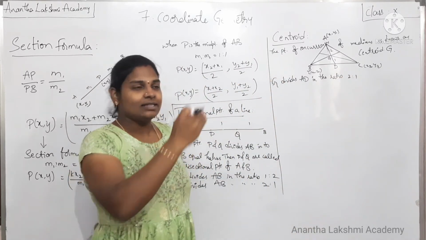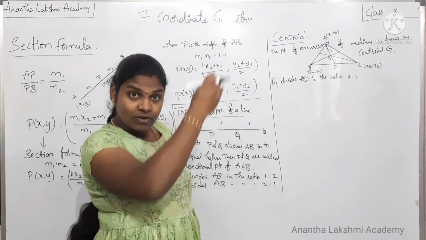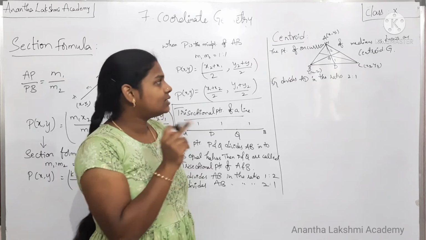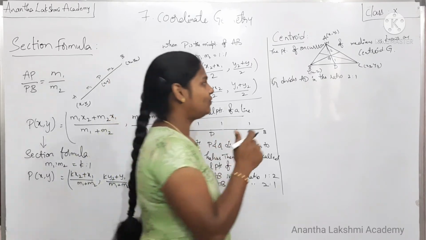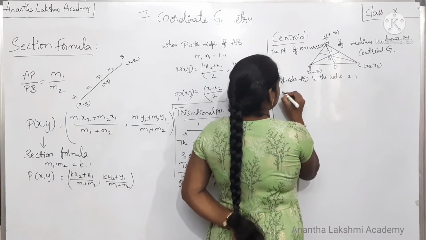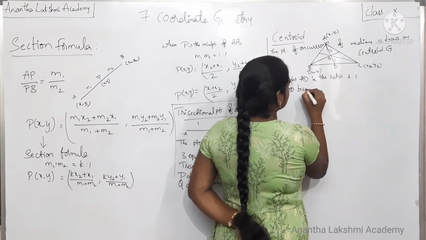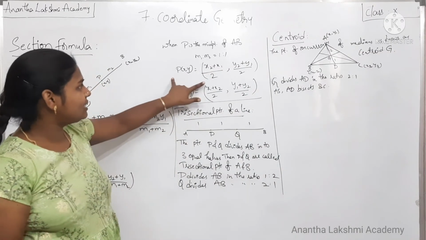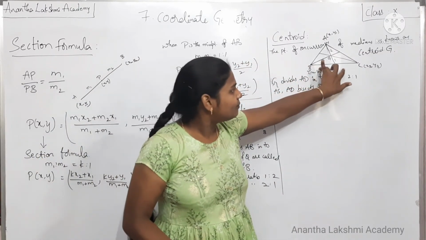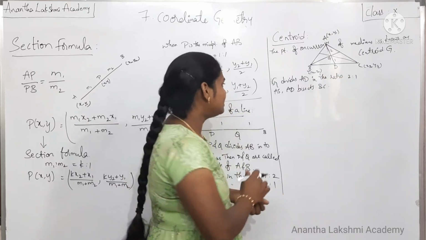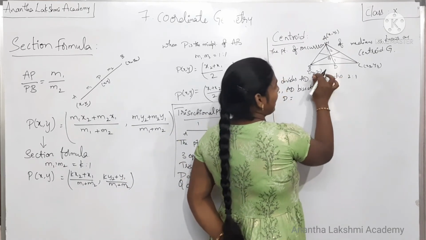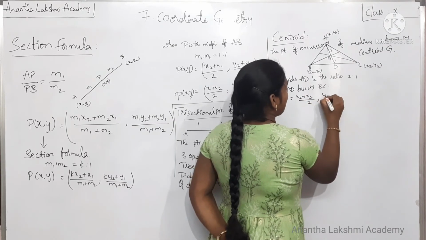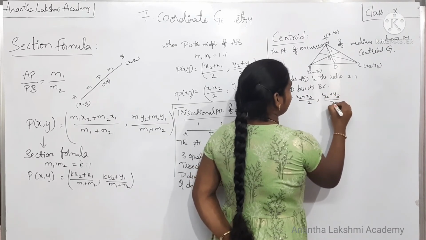D is the endpoint of the median which is drawn from A. So AD bisects BC is what I said. So D becomes the midpoint of BC. What happens to the section formula when we said this bisects? D is nothing but x2 plus x3 by 2, according to the formula which we have learned just now, and y2 plus y3 by 2.